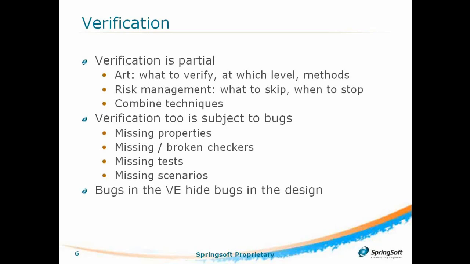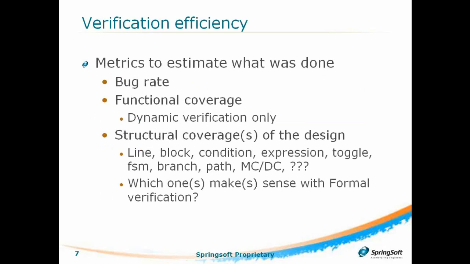But when everything seems okay, then what can be wrong if you don't have any evidence? Those bugs can easily hide bugs. So bugs in the verification environment can easily hide bugs in the design. So how to gauge the efficiency of the verification?